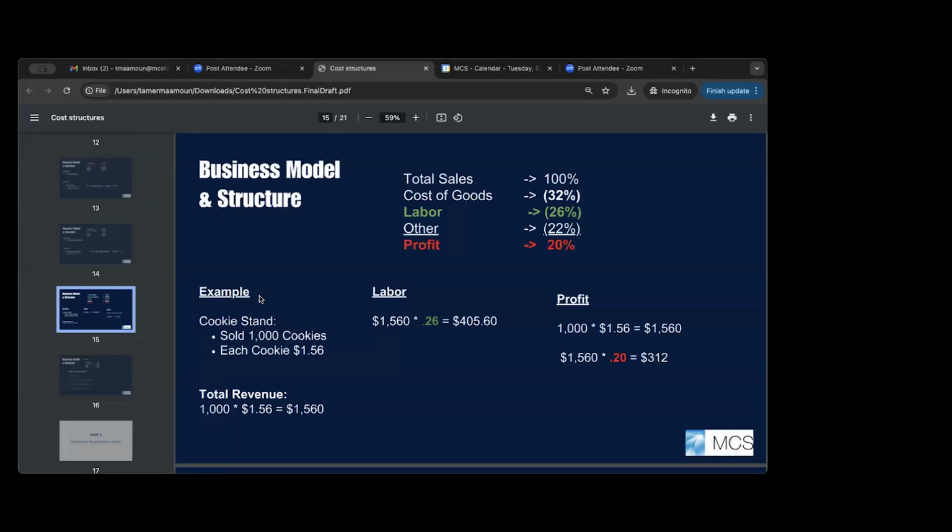Meaning you want to reinvest 32% of your sales to purchase more inventory. I see someone right now that has consulting, so it's a service-based business. You might have to reinvest into purchasing equipment that allows you to deliver this type of service, right? So keep that in mind, because even though it's a very standard, very ideal model, every operation is different as well.